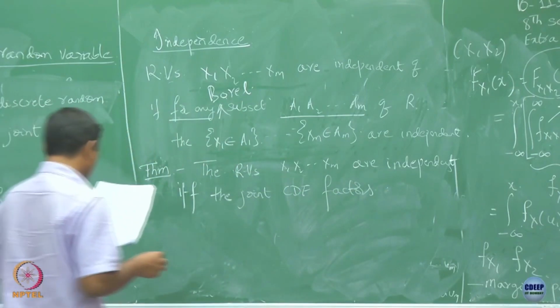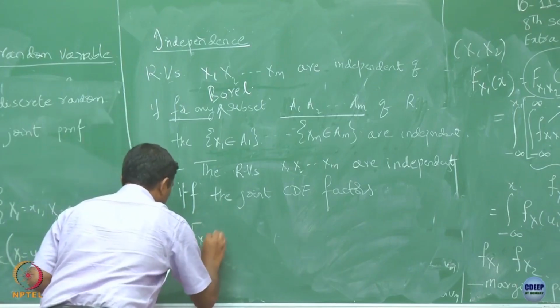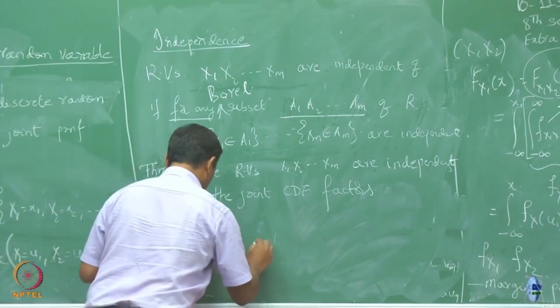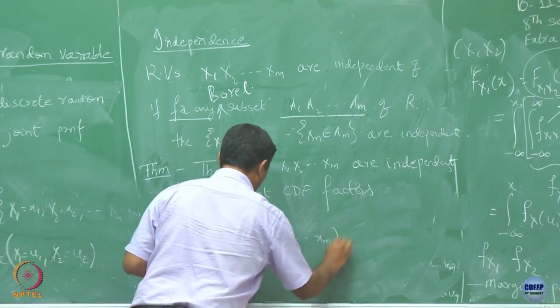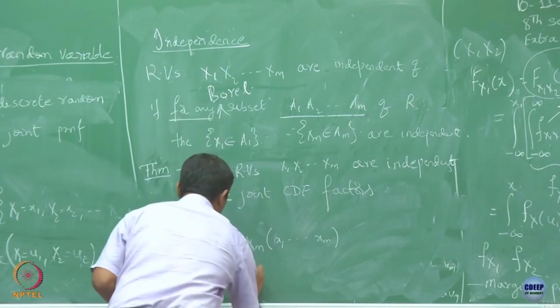So what I mean is, if I have X1, X2, all the way up to Xm, this is good.